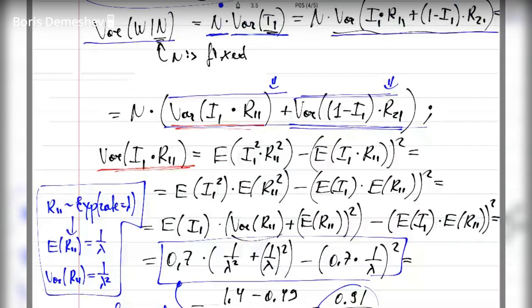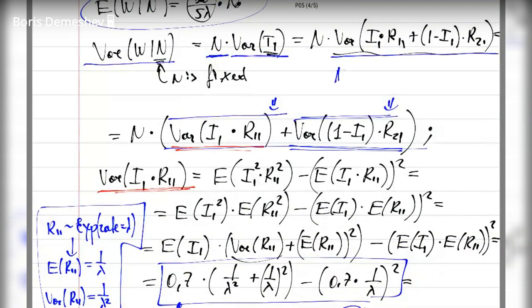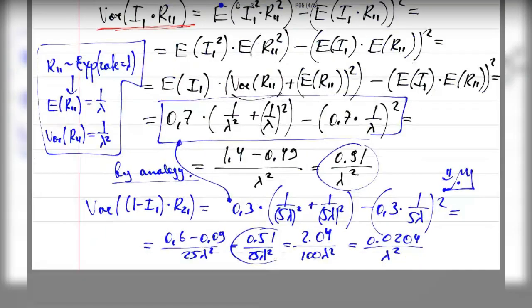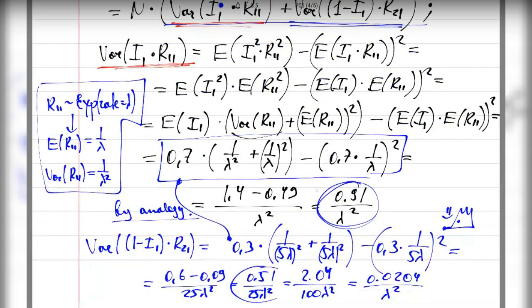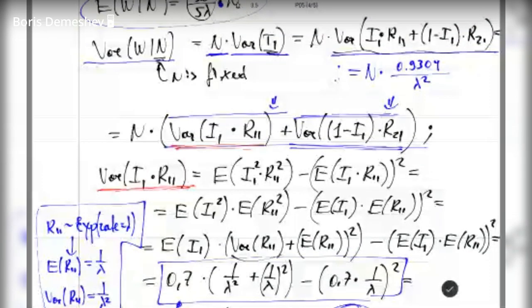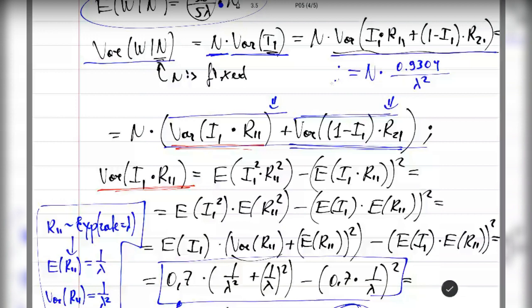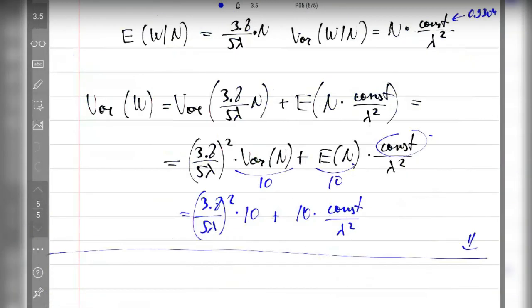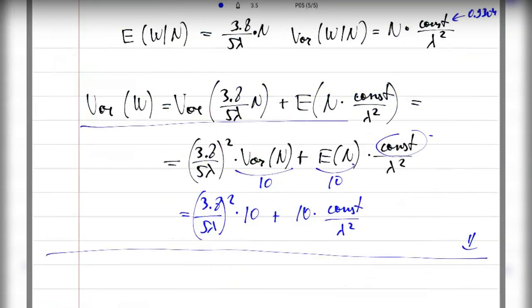So here is the answer: this is N times 0.9304 divided by lambda squared. That's the first source, the second source, they sum, and we multiply by N. Okay, and now we apply Eve's law.